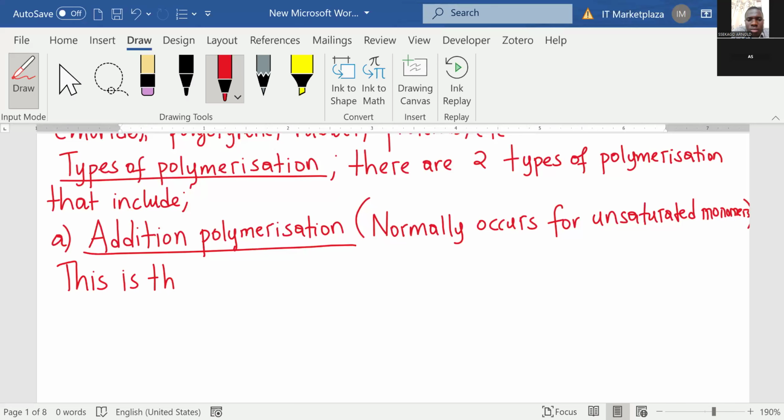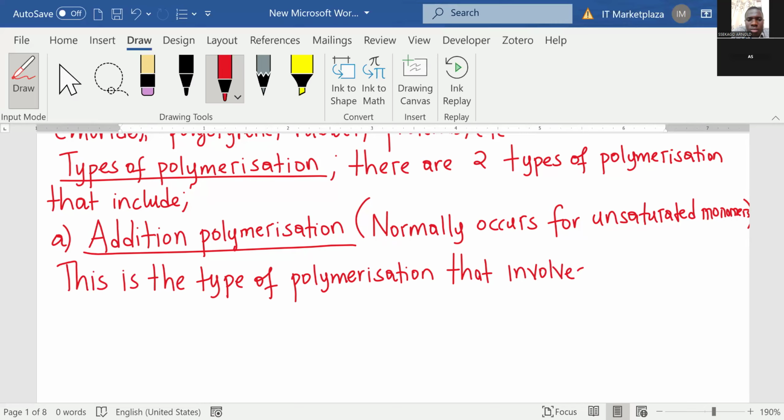This is the type of polymerization that involves repetitive combination.